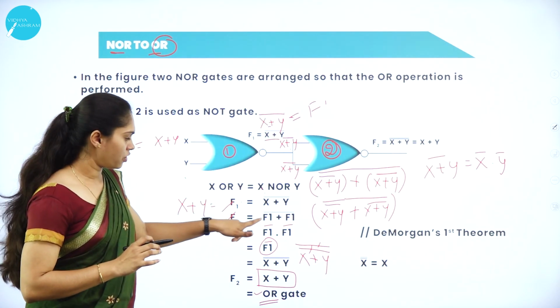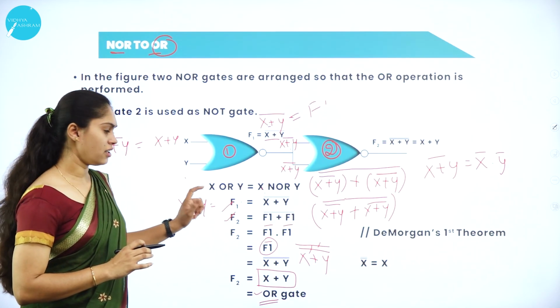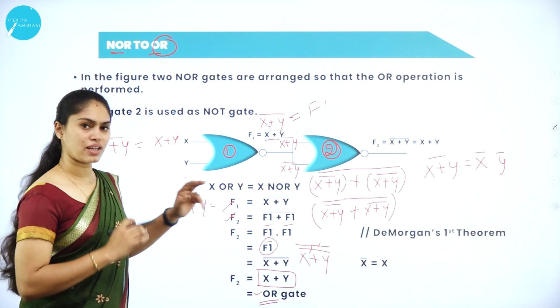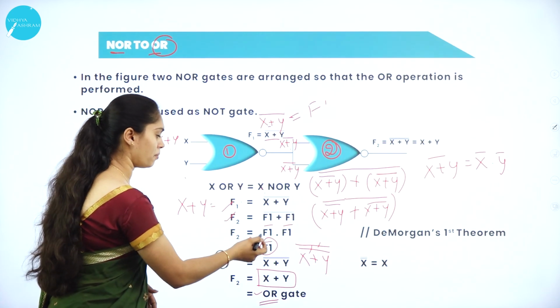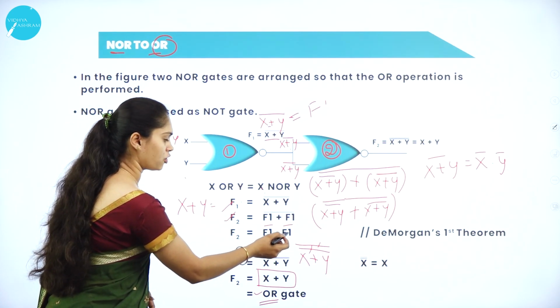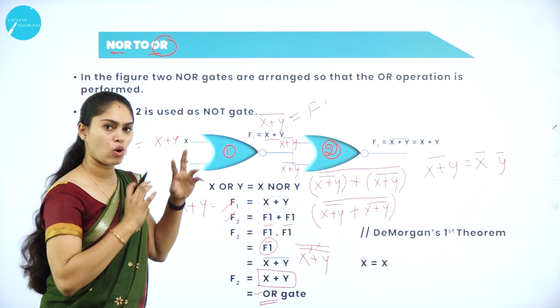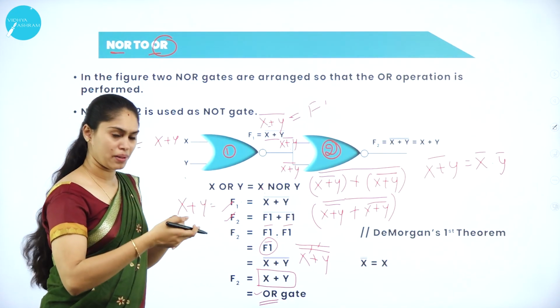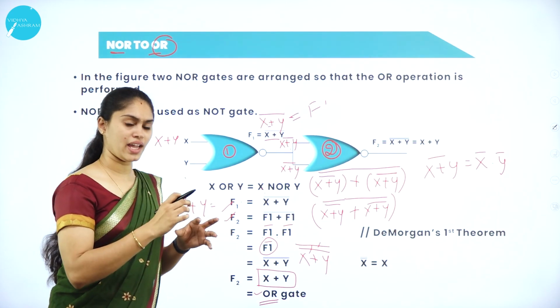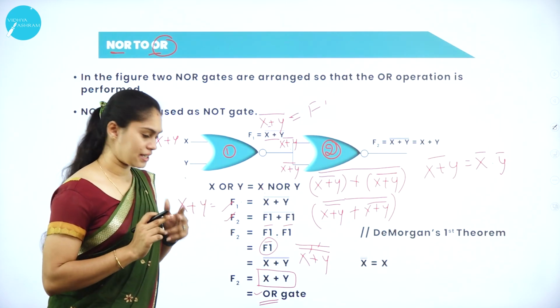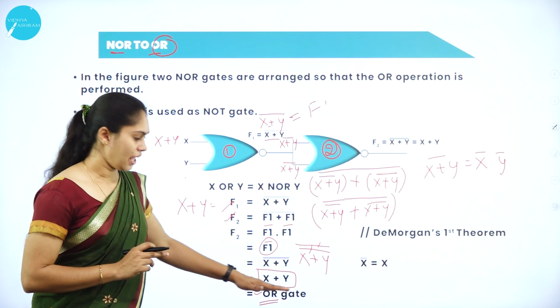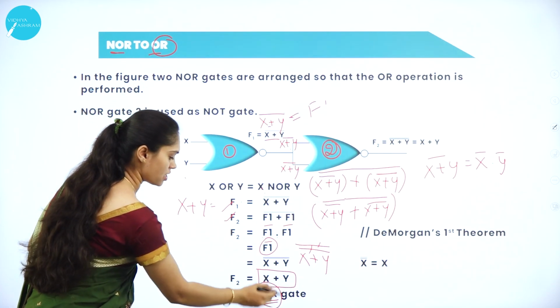We add F1 and F2 in order to get F2. Based on De Morgan's theorem, we complement into F1 bar into F1 bar. F1 is nothing but (X plus Y) whole bar. Here when it is recomplemented, it becomes (X plus Y) double bar. The bars get cancelled. At last we get X plus Y, which gives us the OR gate.